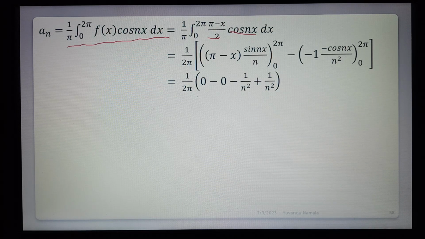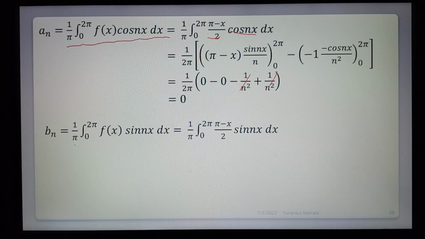That is equal to 1 by 2 pi into: here sin 2n pi is 0, minus sin 0 is 0. Here plus into minus, minus cos 2n pi, that is 1 by n square, plus at the lower limit cos 0 is 1, so plus 1 by n square. So both cancel, so an is equal to 0.